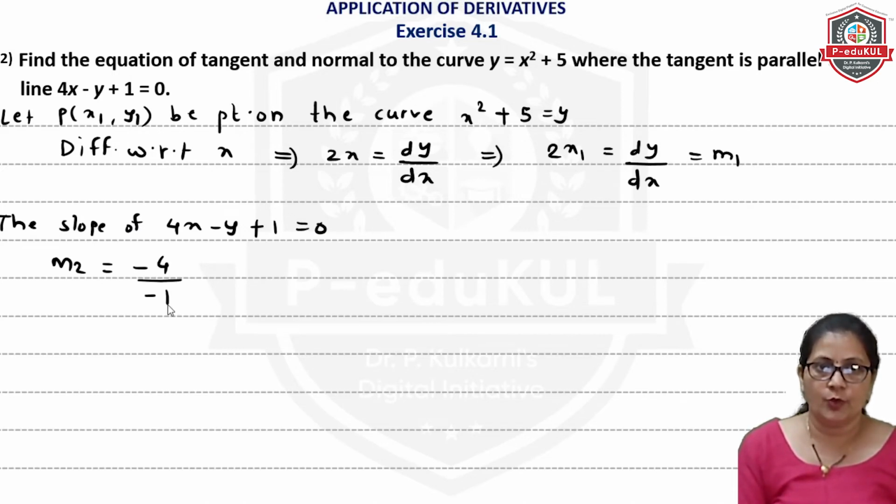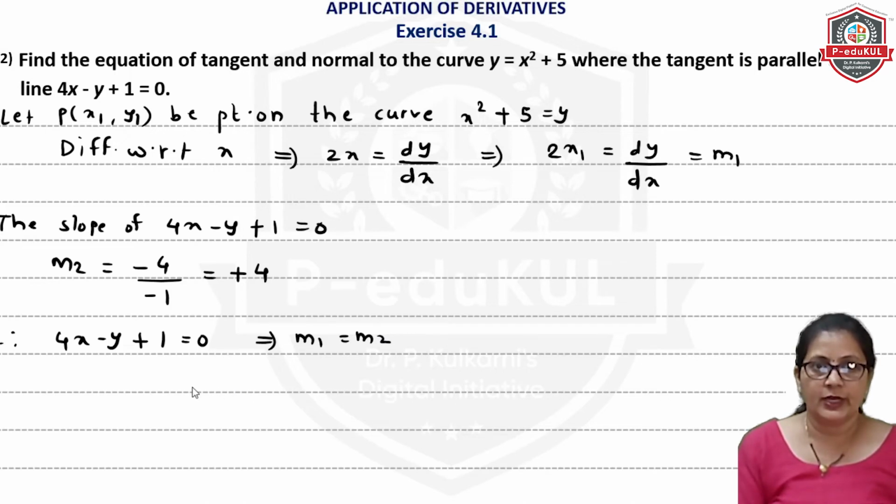So 4 upon minus 1, so this will be plus 4. So this is my other slope. Correct? And therefore the equation of the line will be 4x minus y plus 1 is equal to 0. And the slopes are equal, m1 is equal to m2.